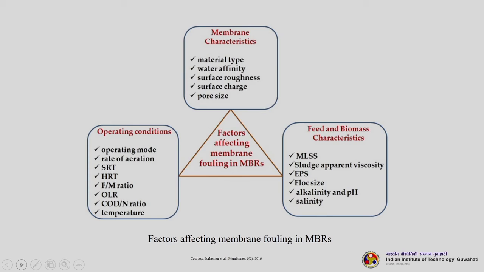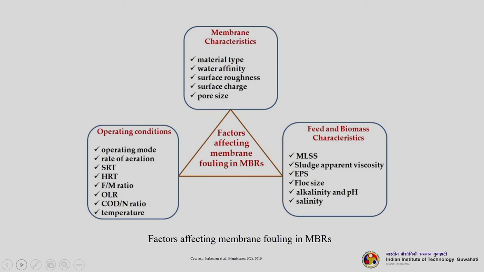So, these are the factors that affect the membrane fouling in membrane bioreactors. Membrane characteristics: material type, water affinity, surface roughness, surface charge and pore size. Then operating conditions such as operating mode, rate of aeration, SRT, HRT, F/M ratio, OLR, COD/nitrogen ratio, temperature.